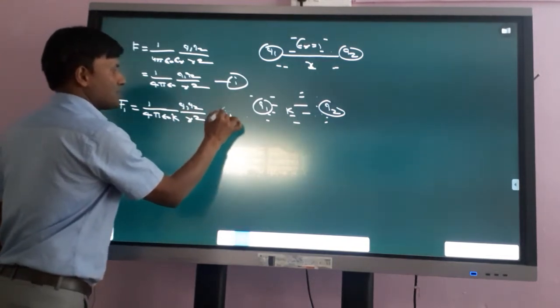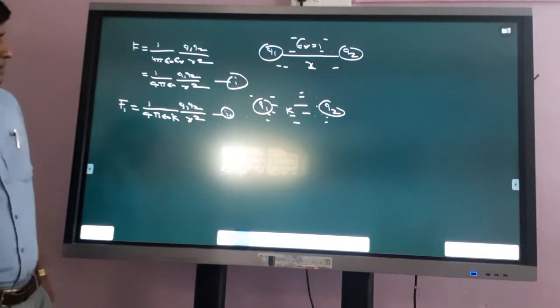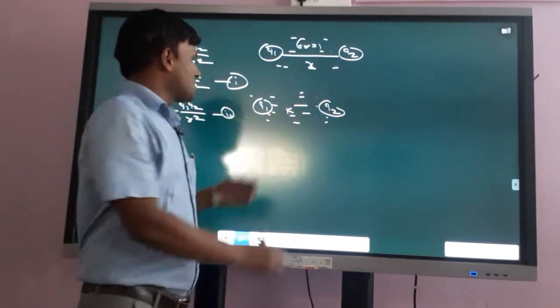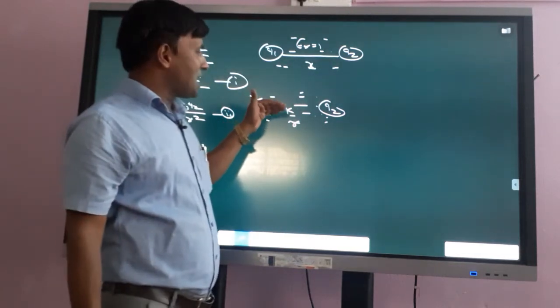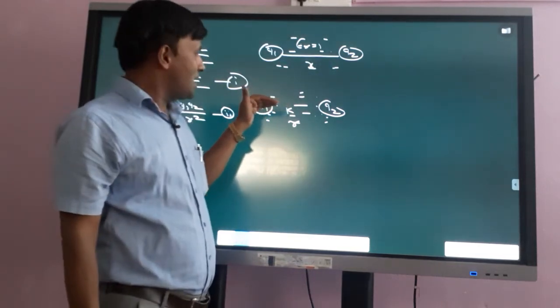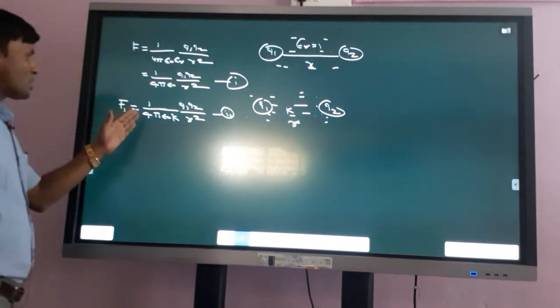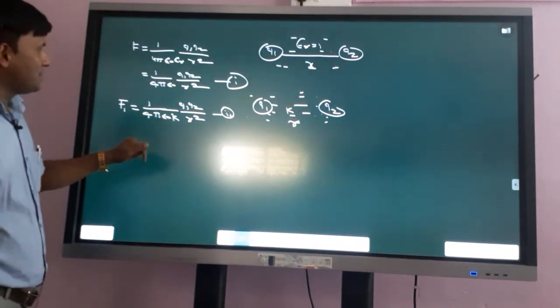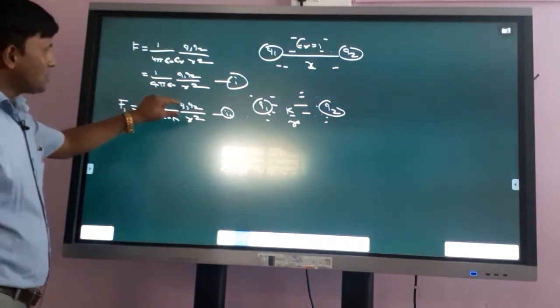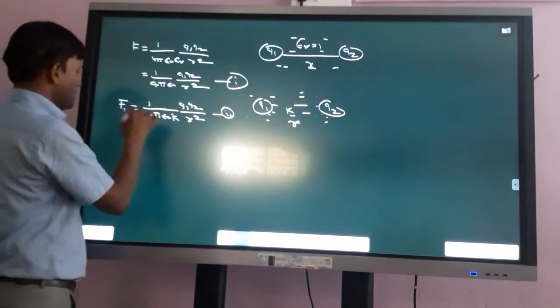This is equation 2. Now see, if distance is fixed but the dielectric material changes, the force changes by 1 by K times, and charges also remain constant here.